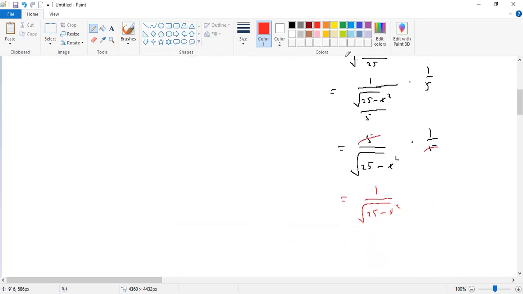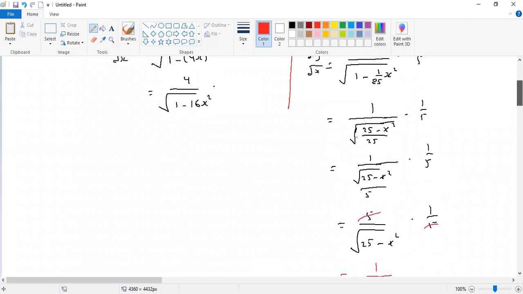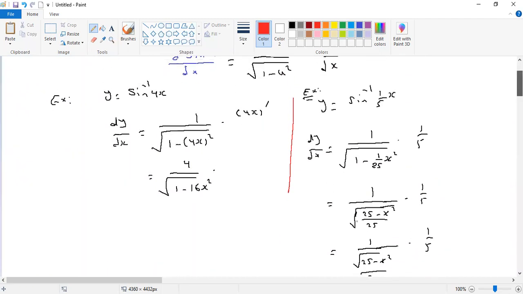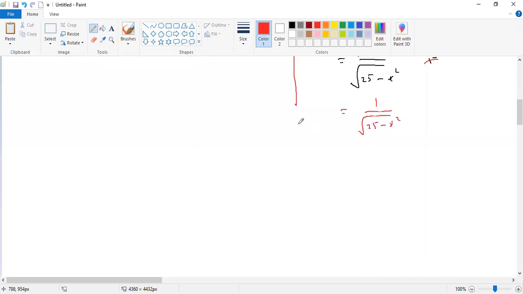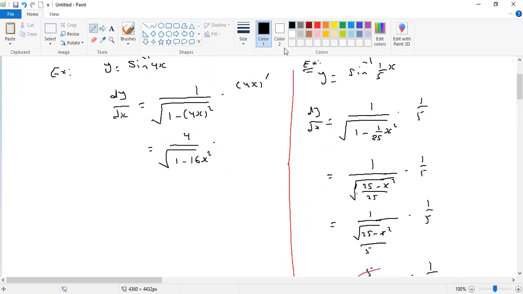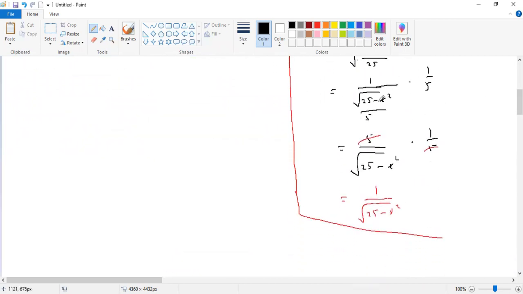Okay, another example. Let us say y equal to sine inverse of 3x squared.